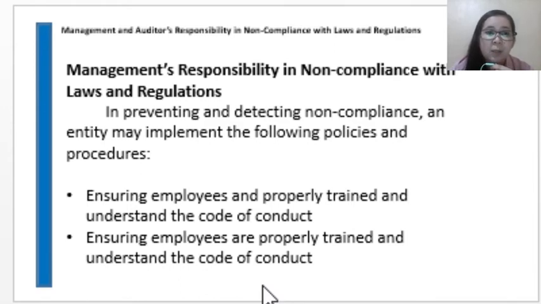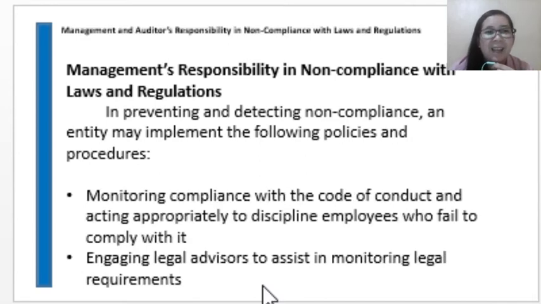Another is monitoring compliance with the code of conduct and acting appropriately to discipline those who fail to comply with it. Okay, another is engaging legal advisors to assist them in monitoring their legal requirements, especially in the interpretation of the laws and their responsibilities for complying with such.